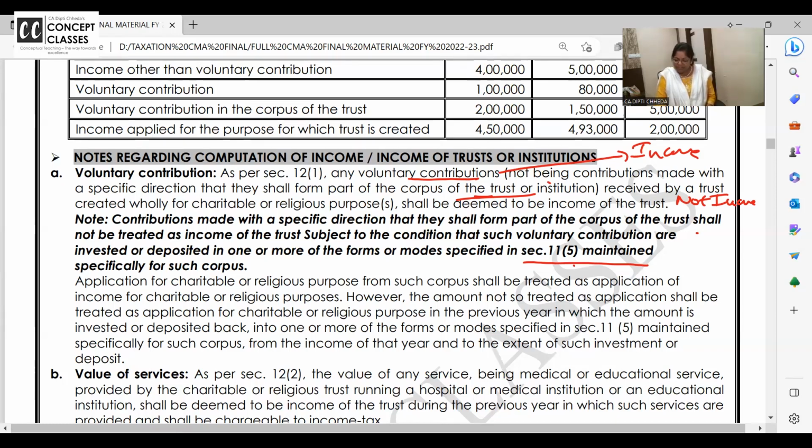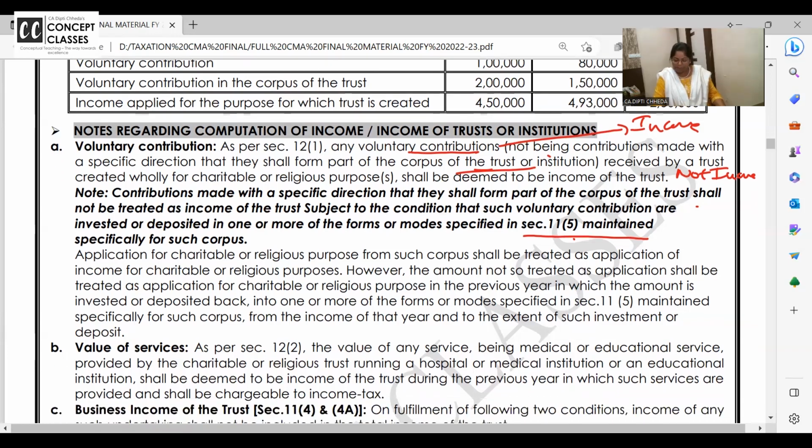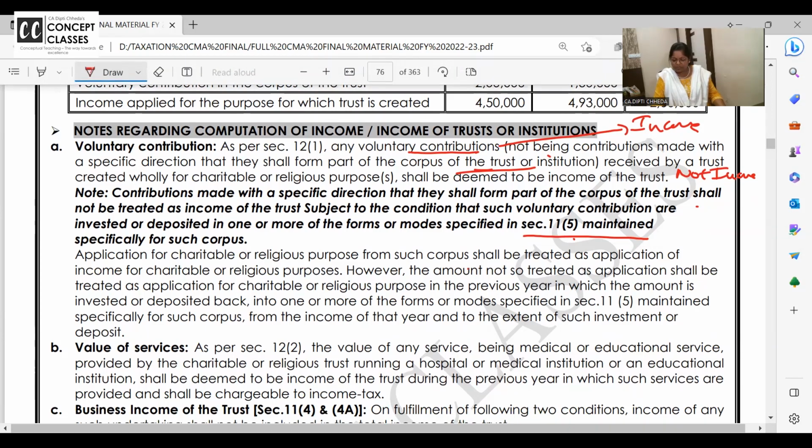Contributions made with a specific direction that they shall form part of the corpus shall not be treated as income. The corpus donations we have received are subject to the condition that these donations are invested in the specific mode in 11.5. Application for charitable or religious purpose from corpus donation shall be treated as application.